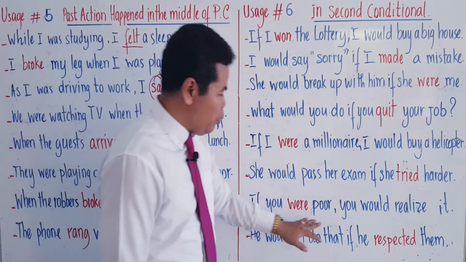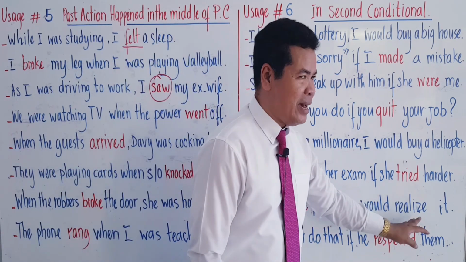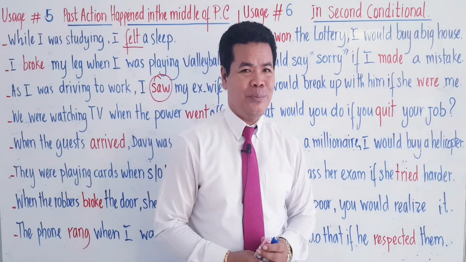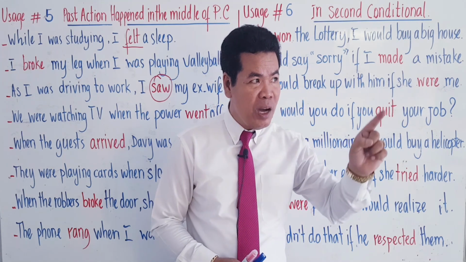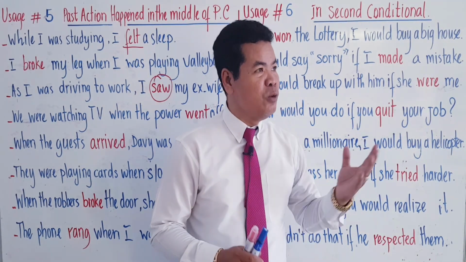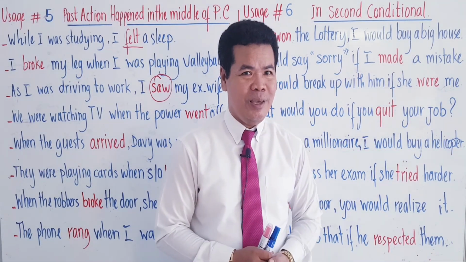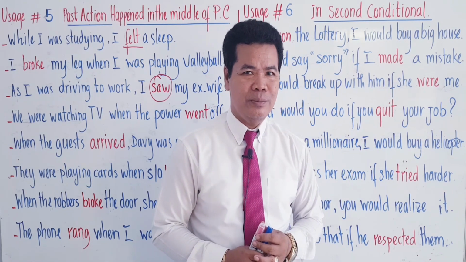If you were poor, you would realize it. But in fact, you are not poor. I say, if you were me, you would feel the same way I feel. But unfortunately, you are not me. I am not you. Understand?